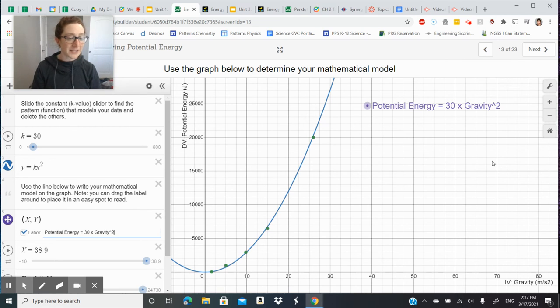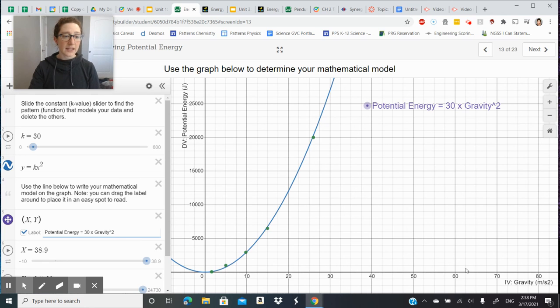This is how you will be setting up your graph. So here's your little checklist. You want to make sure you see 5 data points. You're going to use these to zoom in and out to make sure you can see your 5 data points. Step 2 is label your x-axis, your independent variable.